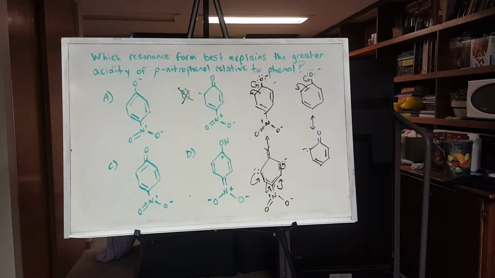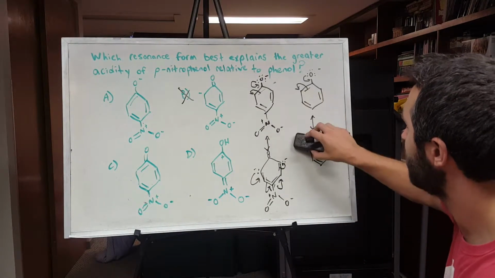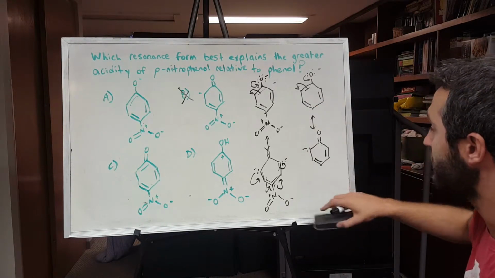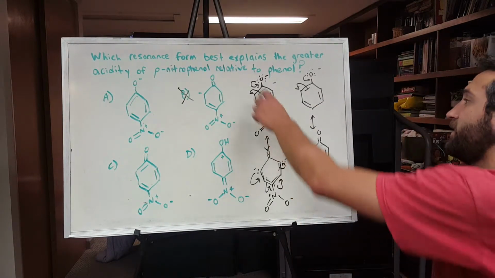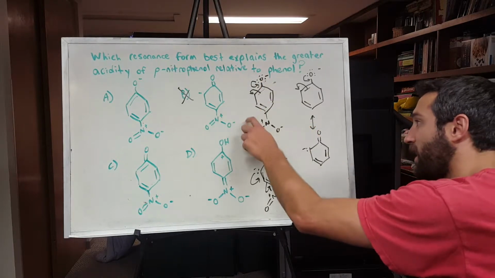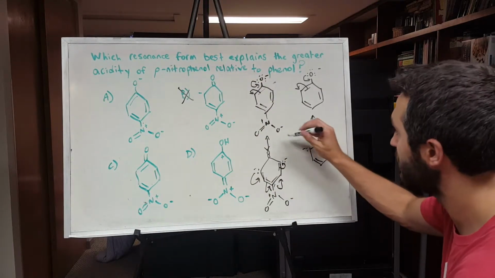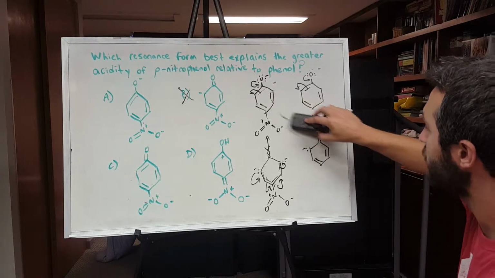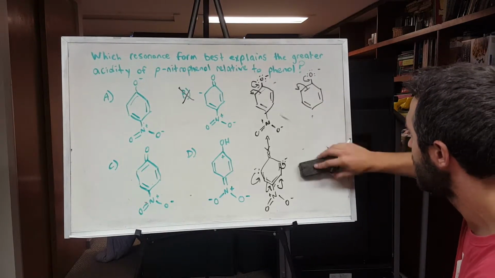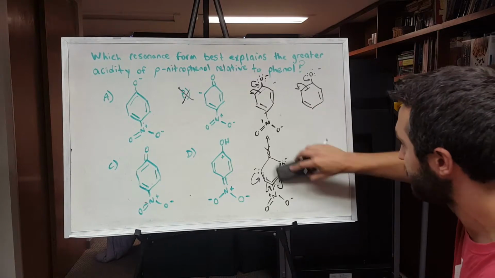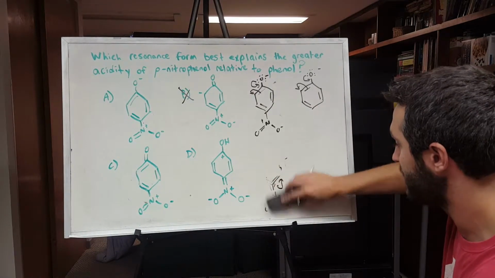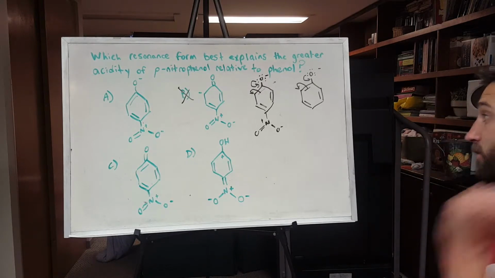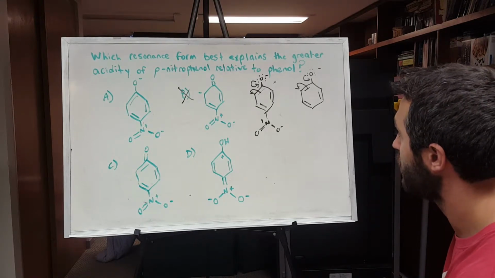So the difference between para-nitrophenol and phenol is the ability to delocalize this minus charge beyond the ring into this substituent here. A nitro group on an aromatic ring is a deactivating substituent for electrophilic addition reactions to a benzene ring.